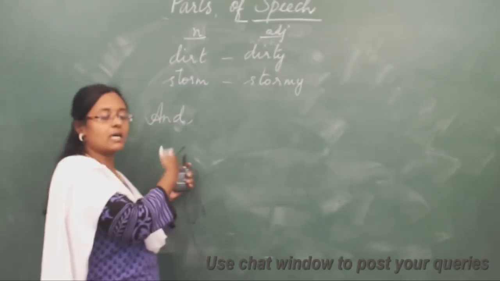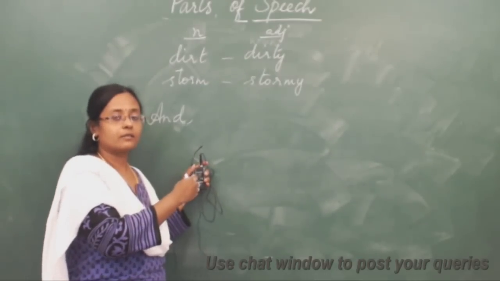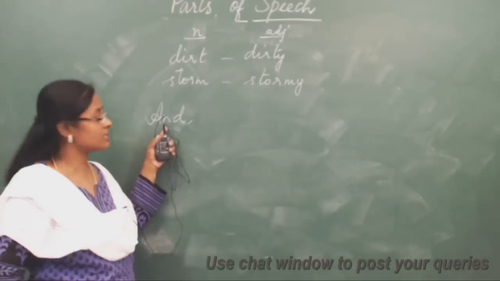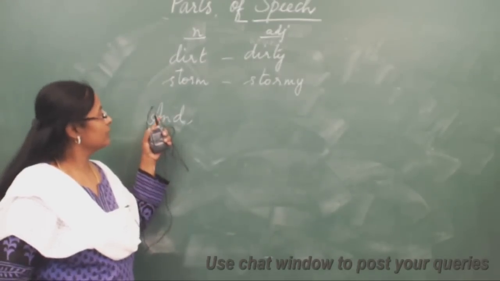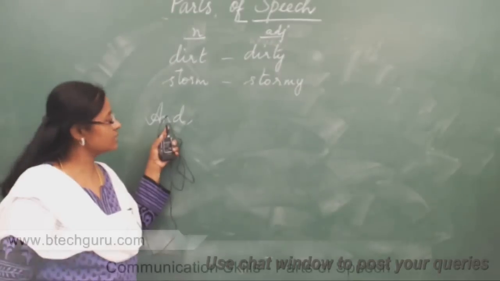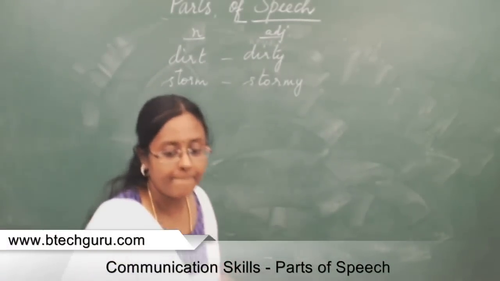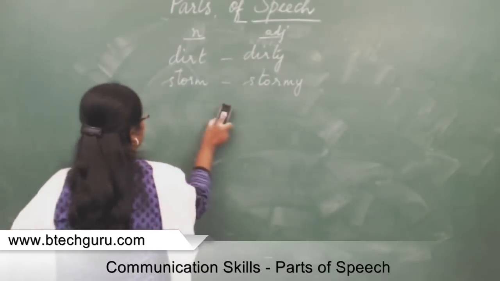There it is okay to start the sentence with and. It is perfectly okay to start or begin a sentence with a conjunction. Even if it is found at the beginning of the sentence, it is still a conjunction. Okay.